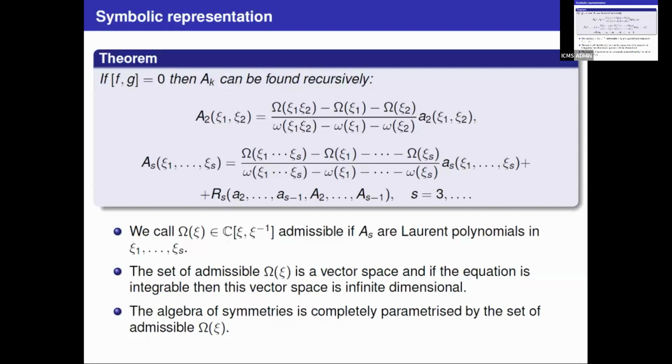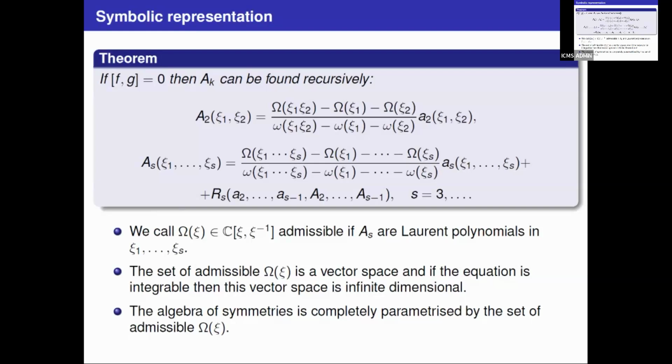So we shall call the linear part admissible if all these coefficients are Laurent polynomials, and therefore the algebra of our symmetries is completely parameterized by a vector space of these admissible linear parts. So if we know them, we know the whole symmetry structure. And if our equation is integrable, then this vector space is infinite dimensional.